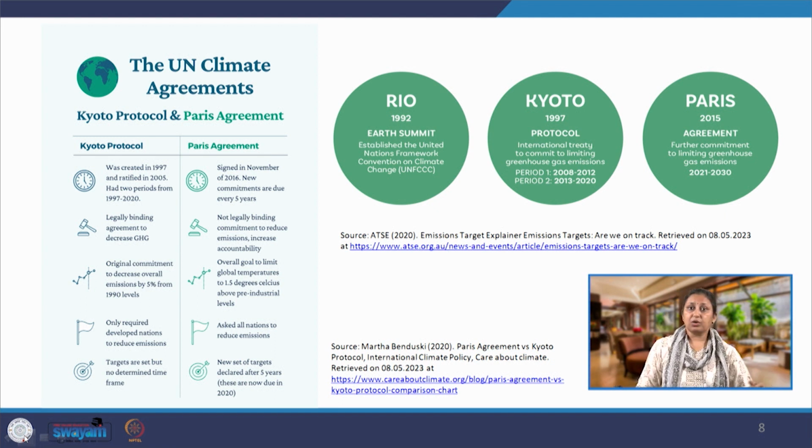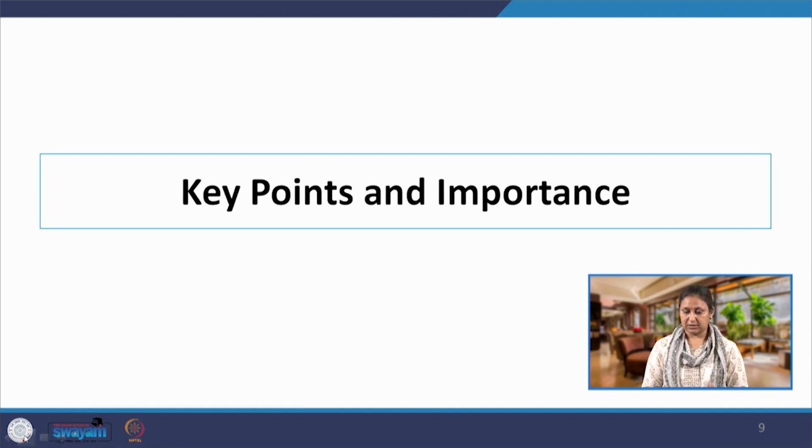In the Kyoto Protocol, only developed nations were bound to reduce emissions, while here all nations have been asked to reduce emissions. And in the Kyoto Protocol, targets were set, but no determined time frame, and here every 5 years the targets will be set and measured. So, that is the broad difference between the Kyoto Protocol and the Paris Agreement.